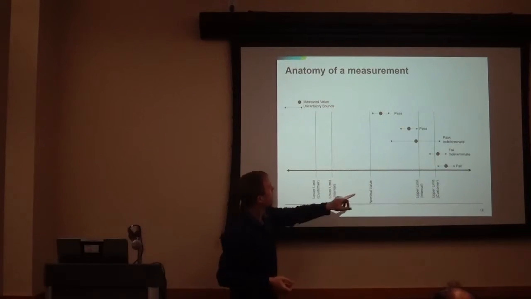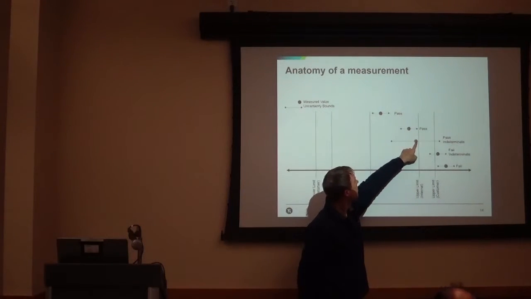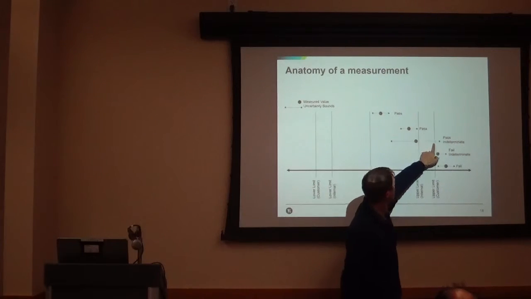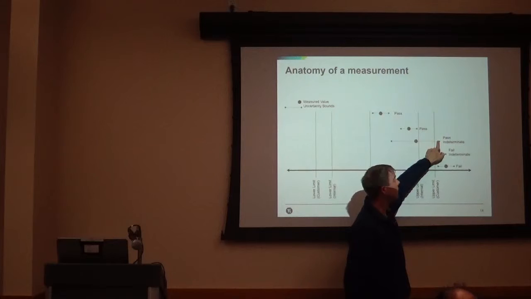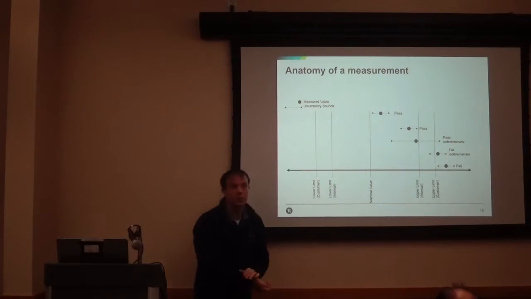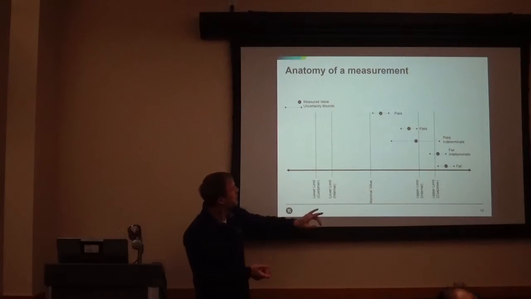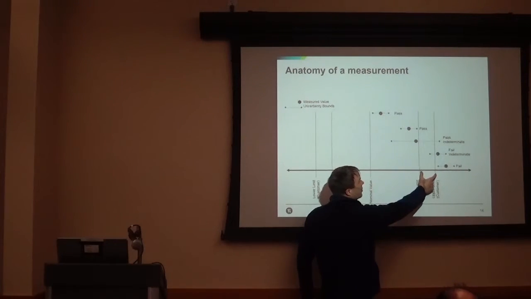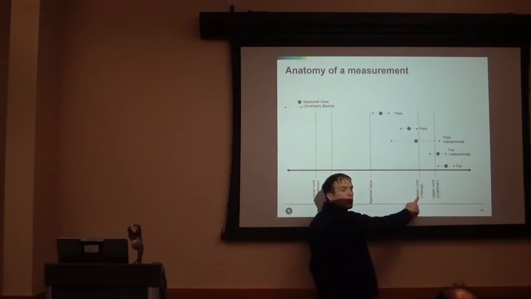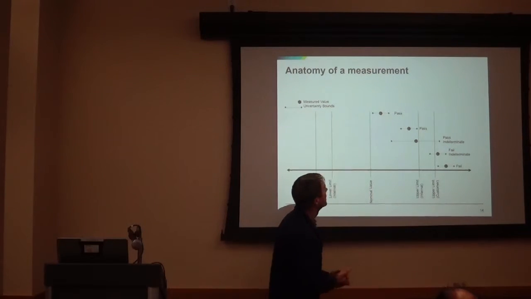And my actual measurement here may be passing, but based off of the uncertainty bounds, there is a probability that even though I measured a passing value, it could actually be a failing instrument, despite any amount of guard banding I might do of my internal test limits versus the external customer test limits.